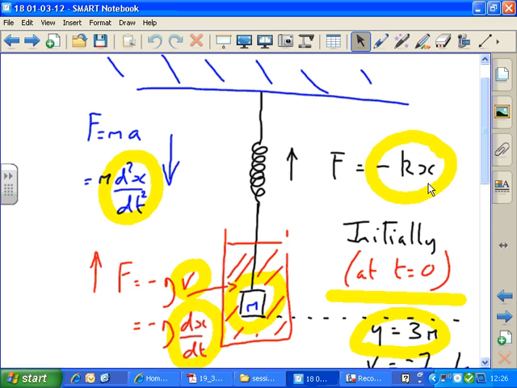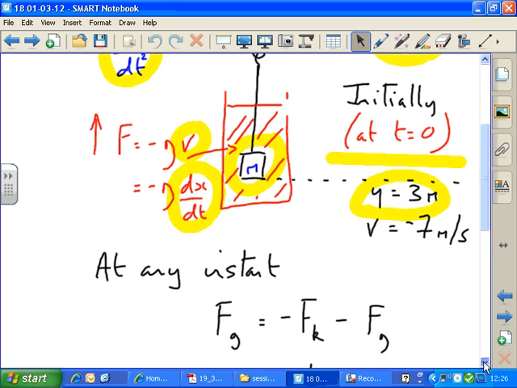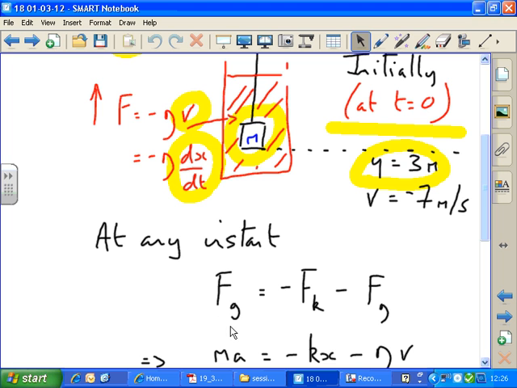So we can write down the force on the mass at any instant as the force due to gravity being balanced by the force of the spring and the force due to the drag through the liquid.